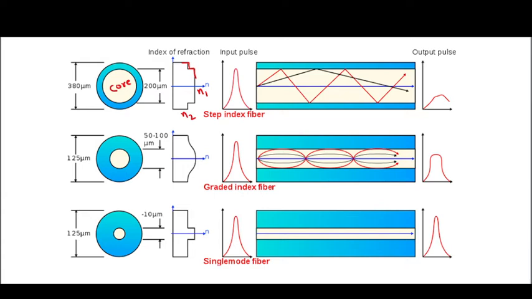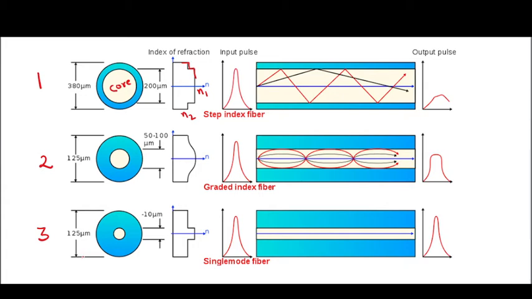Now in step index fiber we can have the single mode fiber as well as the multi mode fiber. So here we can see this is a multi mode fiber because we have a large number of modes that can be supported by this fiber, whereas in number 3, you can see that the core size is very small as compared to the clad size.